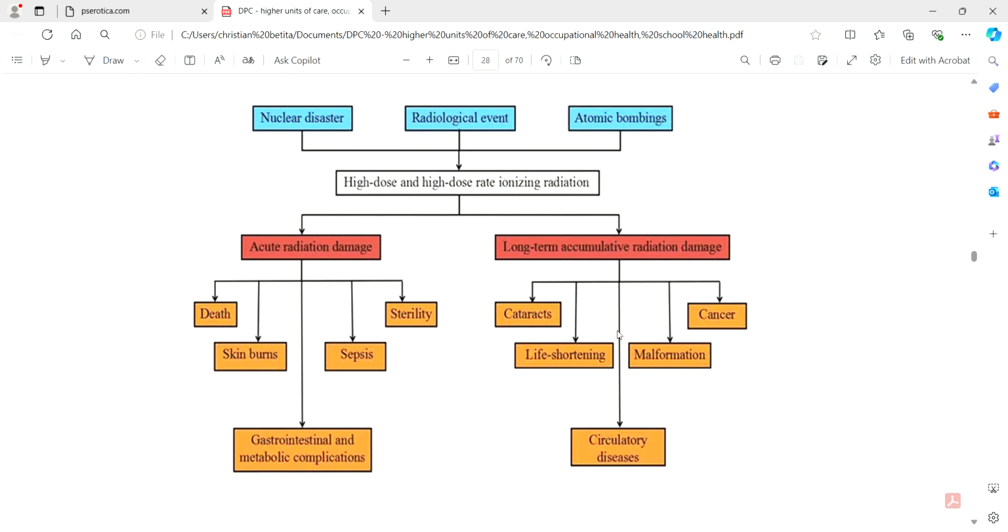All right. So, ionizing radiation. This can cause death, skin burn, sepsis, sterility, and GI and metabolic complications if it's acute. If it's long term, it can cause cataracts, malformations, cancer, and circulatory diseases.